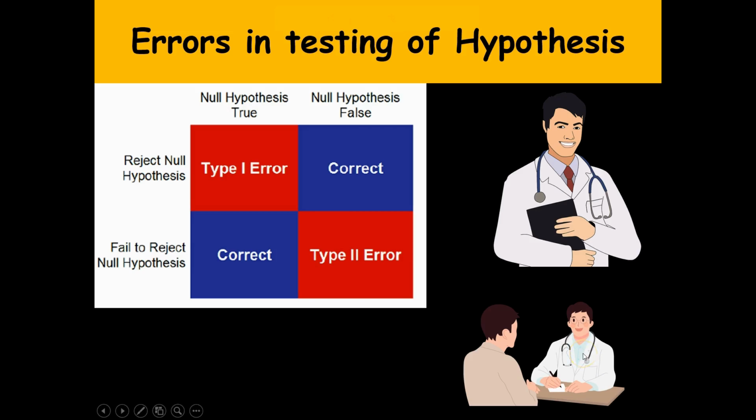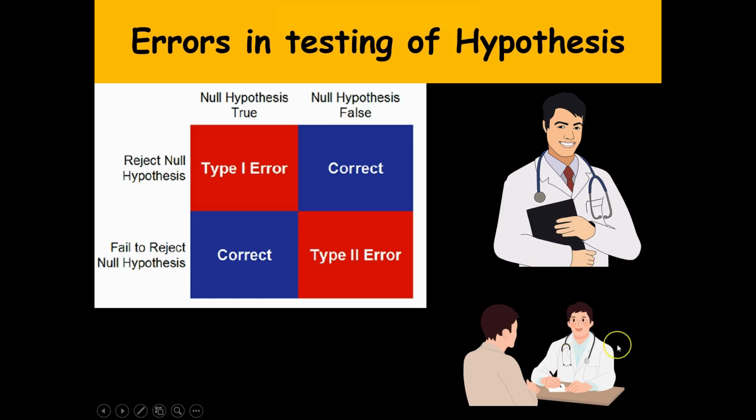Take another example. There is a doctor and patient again, but in this situation the doctor is not genuine. He is prescribing some medicines which have side effects, but the patient is consuming these medicines. So the prescription given by the doctor is not true, but still the patient is accepting it.